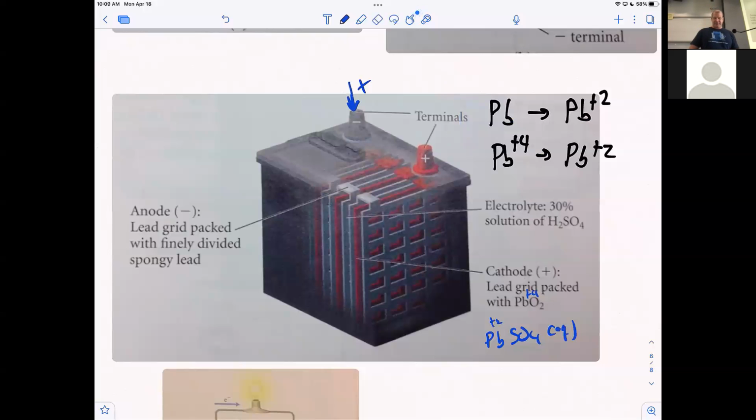Lead acid batteries are very easy to recharge. They're fairly inexpensive, and they tend to last a very long time. So they're pretty robust. They don't respond as heavily to overcharging as other batteries. Lithium ion batteries, for instance, do not do well with overcharging.